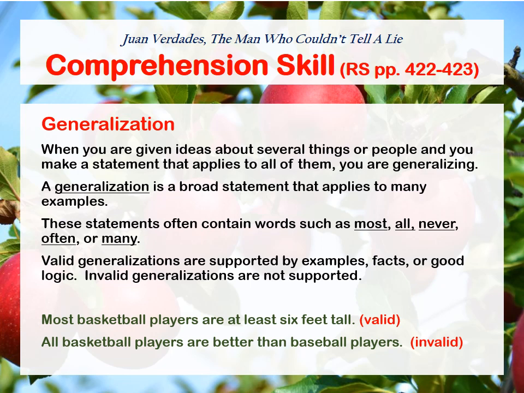Why? Because I can support it with examples. All basketball players are better than baseball players. It is invalid because the word all is too extreme. I can't support it. Even the word better is a matter of opinion, so anyone can contradict it.